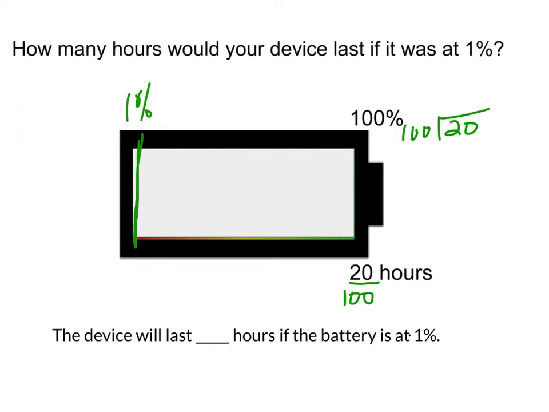So 100 into 20 is 0 times. If I add a decimal and a 0, 100 into 200 is 2 times. So that means my remainder is 0. So if you notice, it's 0.2 or 2/10 of an hour.